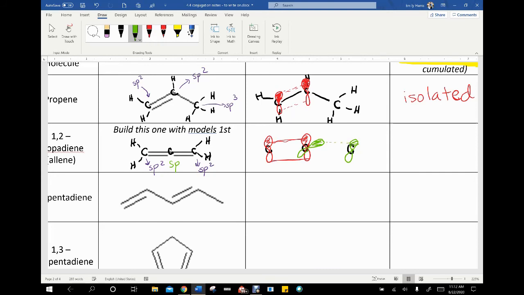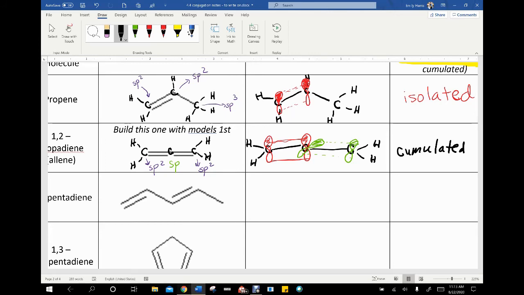We've got this interaction and this interaction. Of course, you've got your single bonds here as well. And so this is what creates what's called a cumulated system, where we have those back-to-back p orbital interactions. There's no alternating double bond, single bond, but everything's just accumulated right there in the middle.